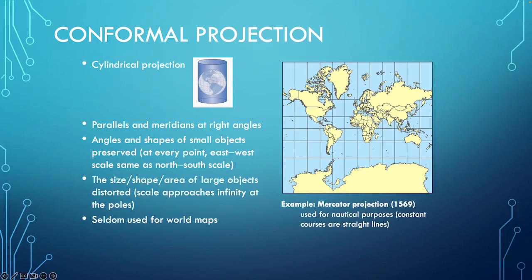Anybody know how they figured out how to measure longitude? Nope. That's what they thought, and that never works. Latitude you can measure with the stars, and so you can tell how far from the equator you are by that.